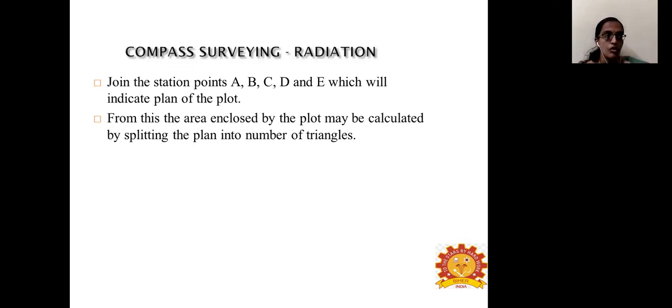Similarly, from A to E, we mark these points on the paper. After that, we join these lines. Similarly, on the ground we take the linear measurements from OA up to OE. After this measurement, we can mark it on the paper using a suitable scale, and after finding the areas, we can convert them to the actual area.